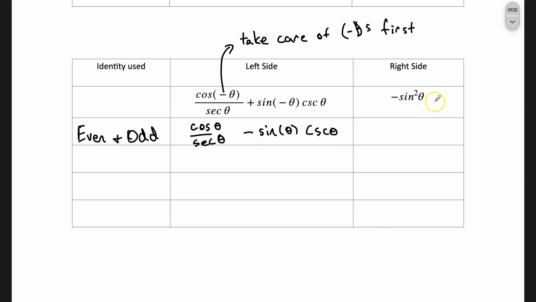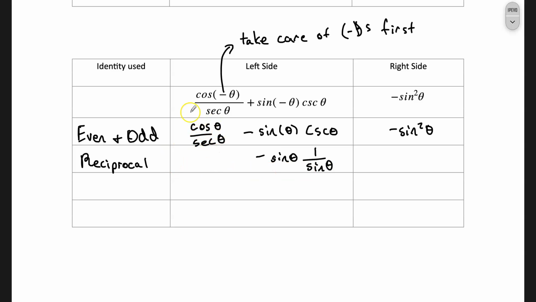Okay, so now we want to again use that strategy of turning everything into sines or cosines. So we're going to take the reciprocal identity to change our functions like cosecant to 1 over sine.